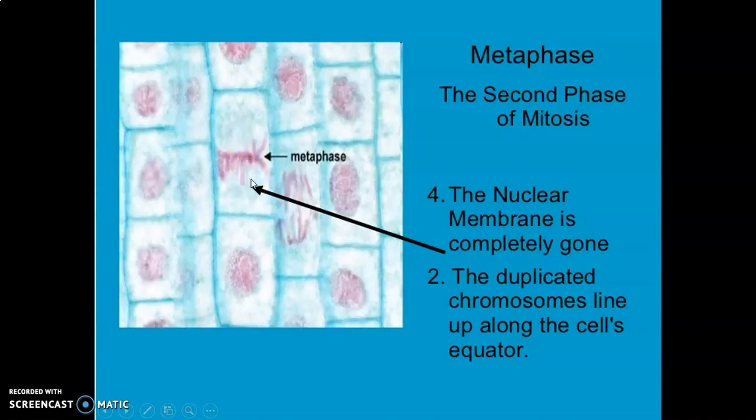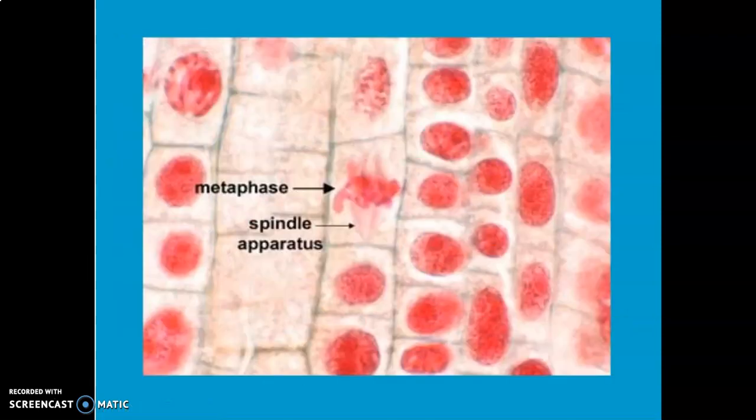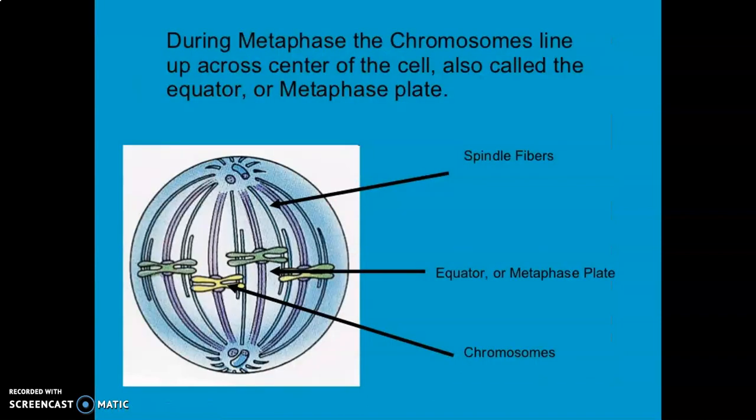The duplicated chromosomes line up along the cell equator. And this is the image of metaphase, and this is the spindle apparatus. During metaphase, the chromosomes line up across the center of the cell, also called the equator or metaphase plate.